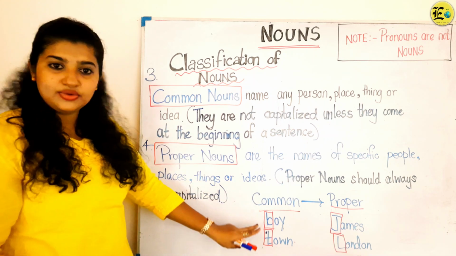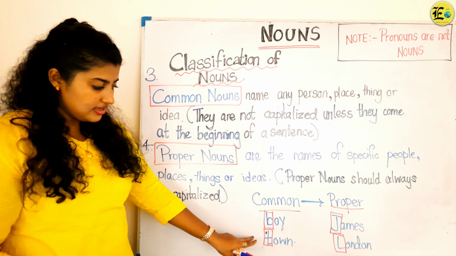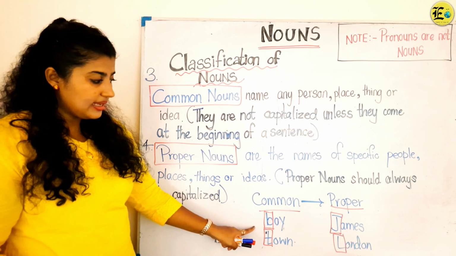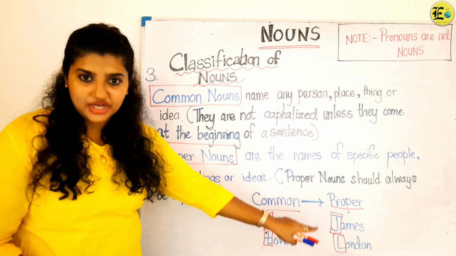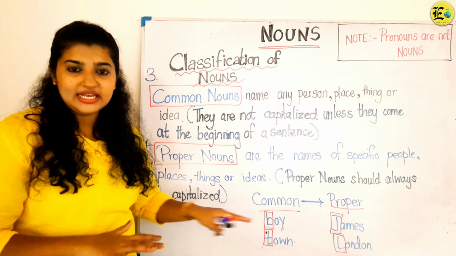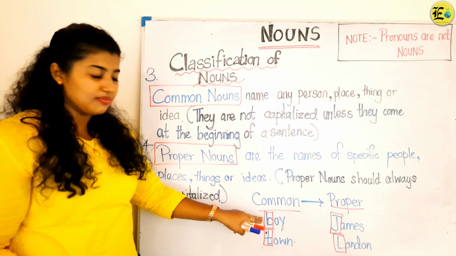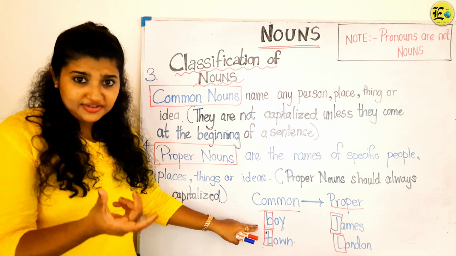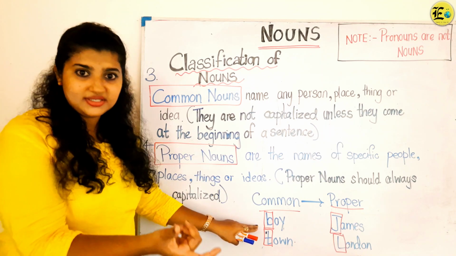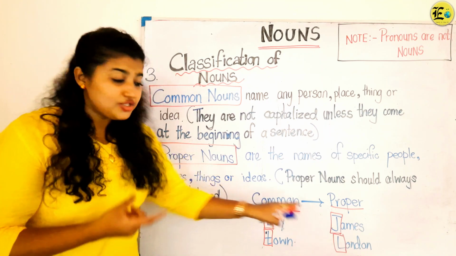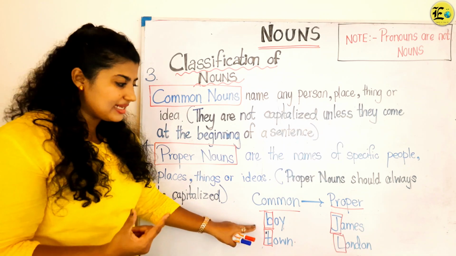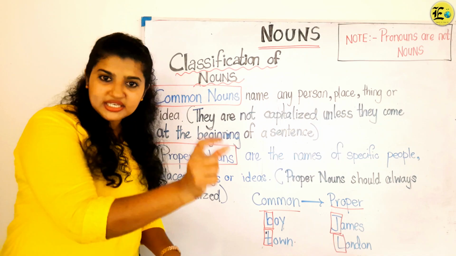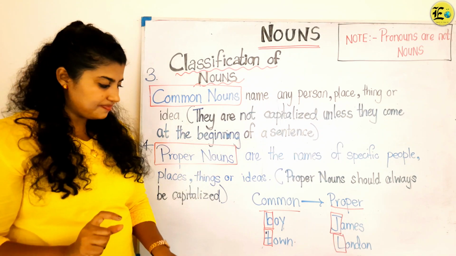The common noun given is boy, and the proper noun which goes under the common noun is James. So you can commonly call any male person a boy, but specifically calling a particular person is James. So you don't capitalize boy here, but you capitalize James as it specifies a particular person.